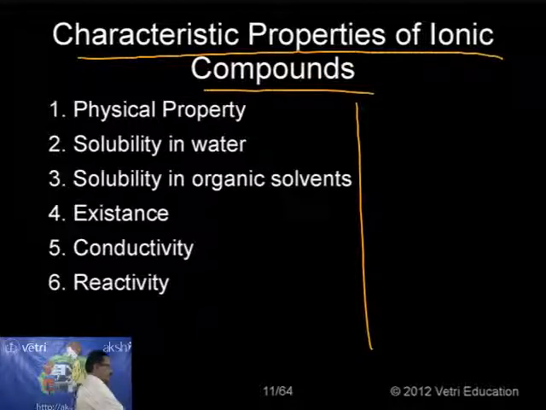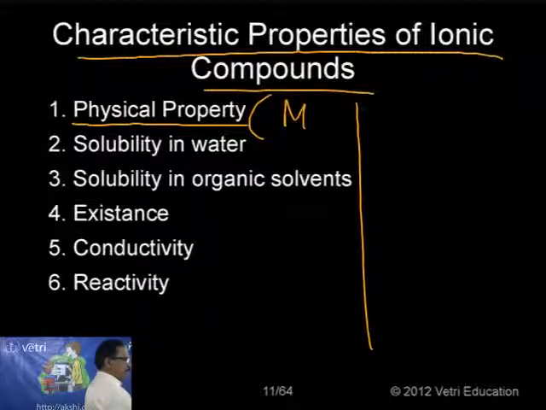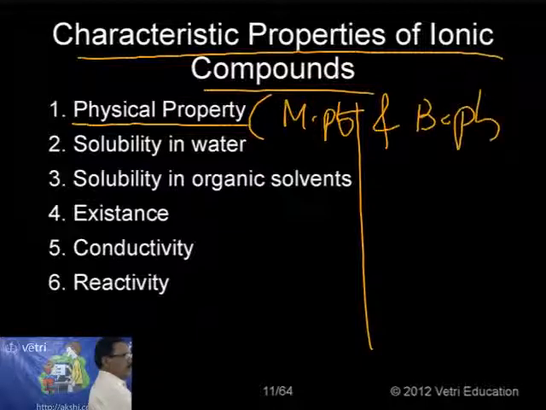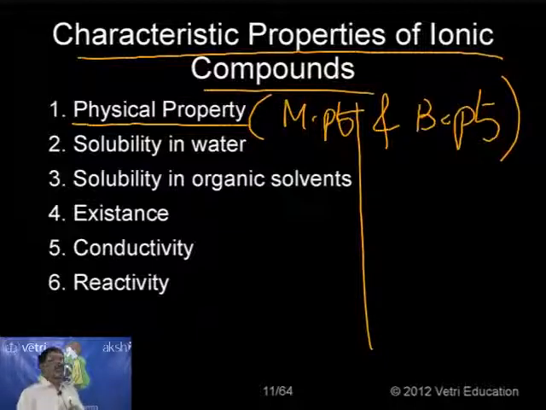First is physical property. Under physical property, generally we consider melting point and boiling point. Solid melting point, liquid boiling point. The characteristic of ionic compounds is that they generally have high melting and boiling points.